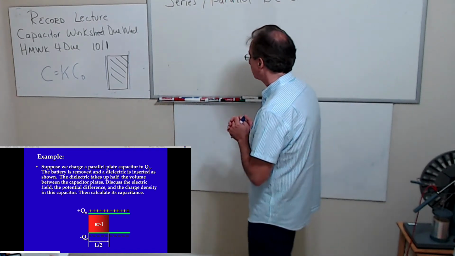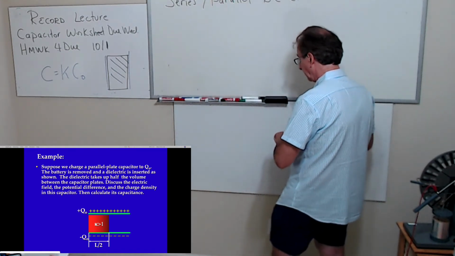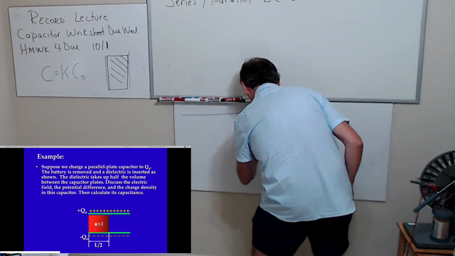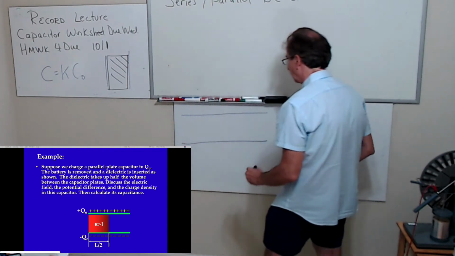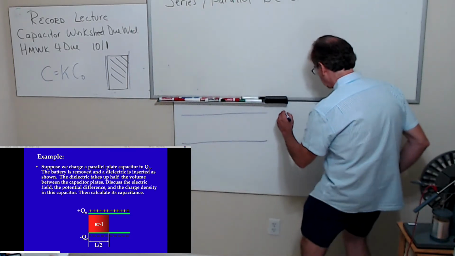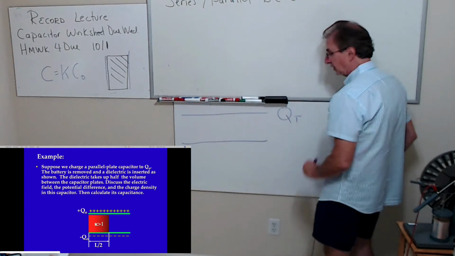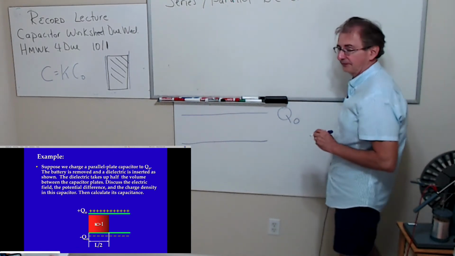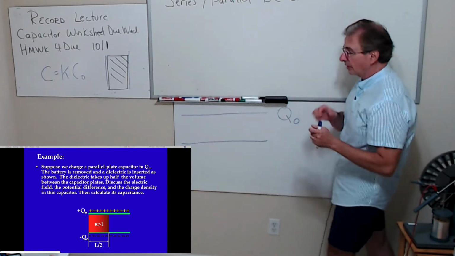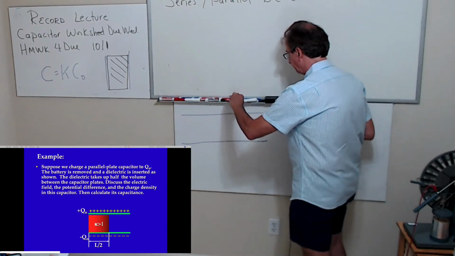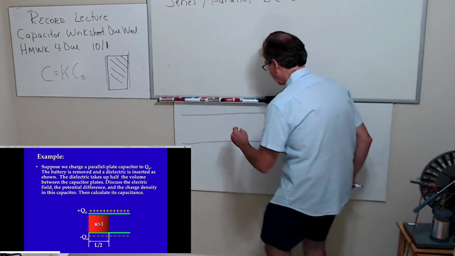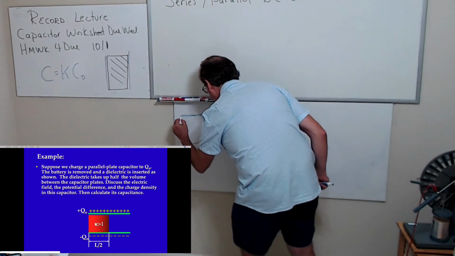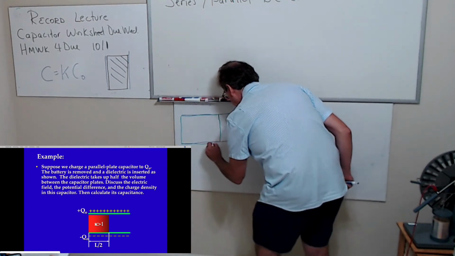So suppose we have a capacitor. We charge it up to a total charge Q naught. We remove the battery, and then we insert a dielectric such that it takes up half the volume between the plates.